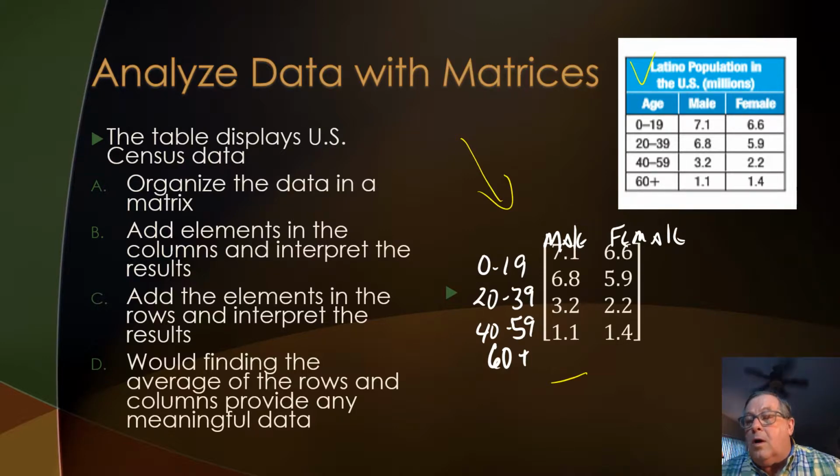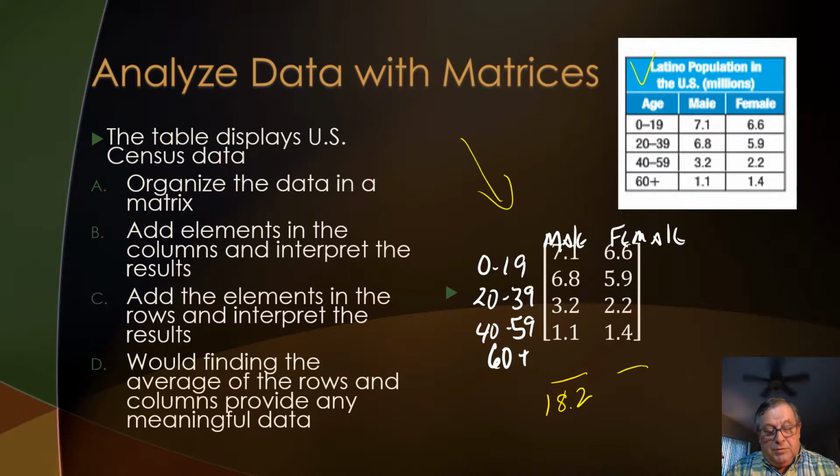So in column 1, let's see what we have here. We've got 7.1, 6.8, 3.2, and 1.1, which gives 18.2. And what would that mean? That means that, according to this census data, there are 18.2 million male Latinos in the United States.